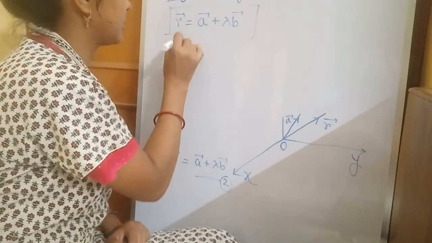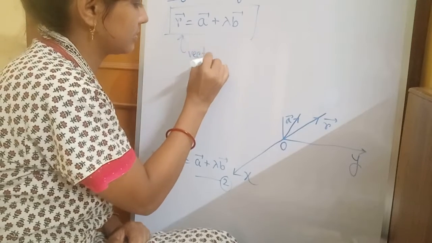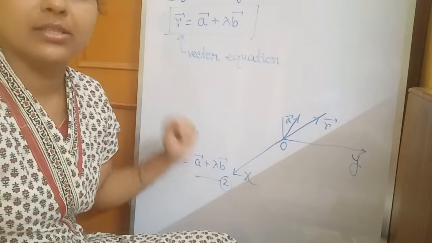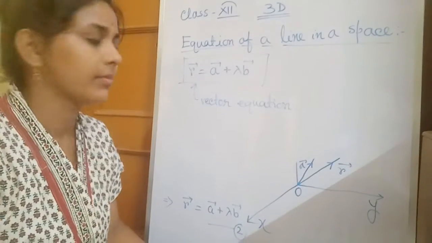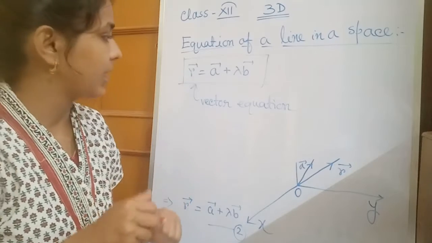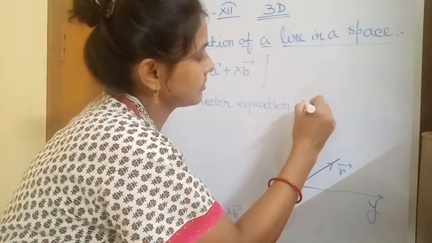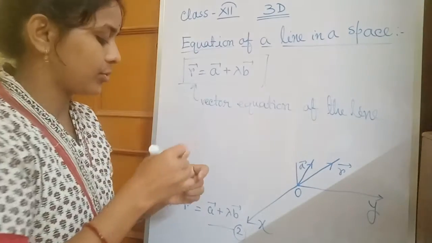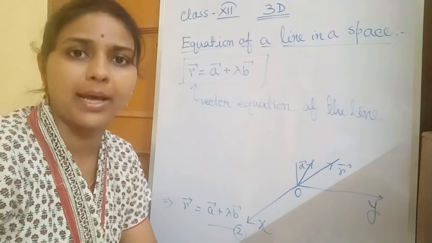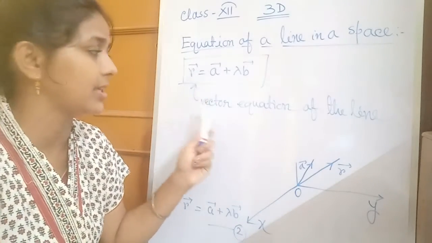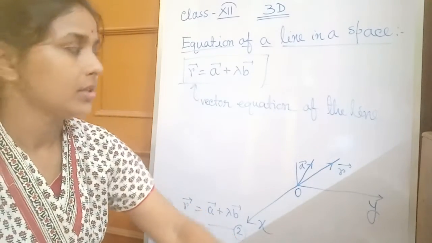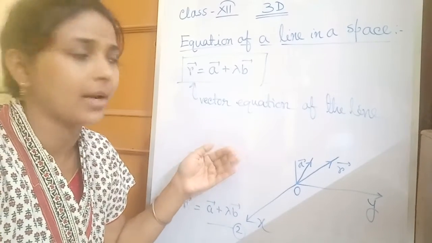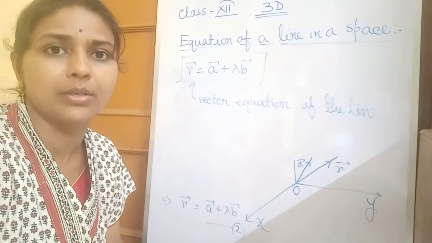This one is the vector equation of the line passing through a given point and parallel to a given vector. This is the vector equation. There is also a Cartesian equation. Now we will be doing that, and before that we will make one remark on it.